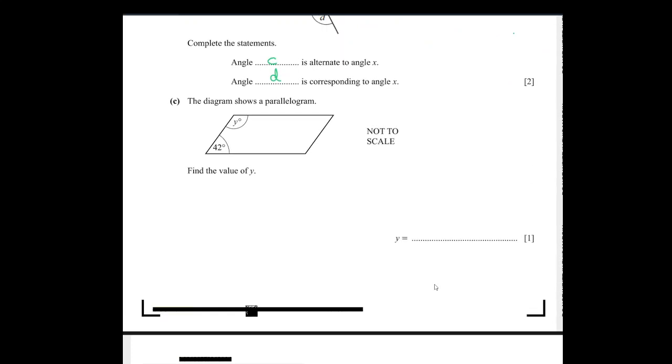Question C now. The diagram shows a parallelogram. Find the value of Y. So in a parallelogram, the adjacent angles always add up to 180 degrees. Sum of adjacent angles. So Y plus 42 is equal to 180 degrees.